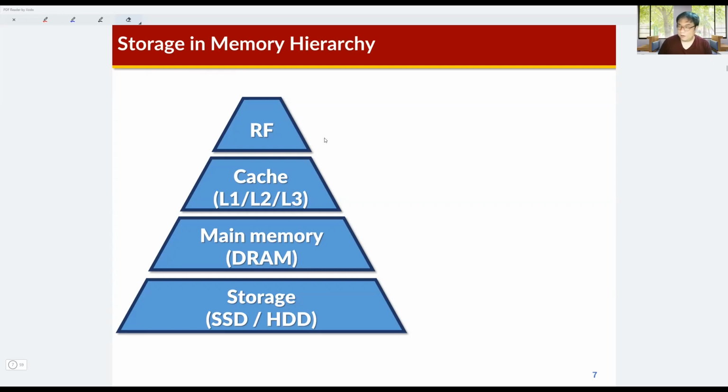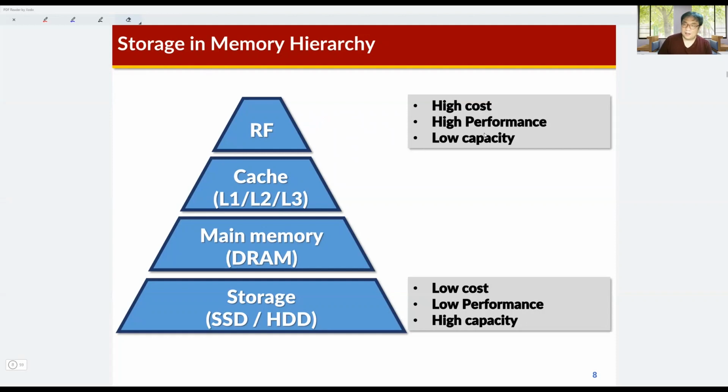In the higher levels of the memory hierarchy, the cost is high and performance is high, but the capacity is very low, because we do not have perfect memory. If the memory performance is very high, then it's very expensive, so the density is low.